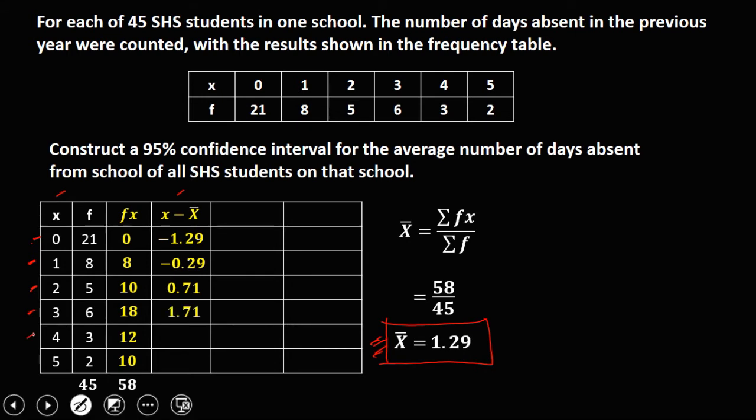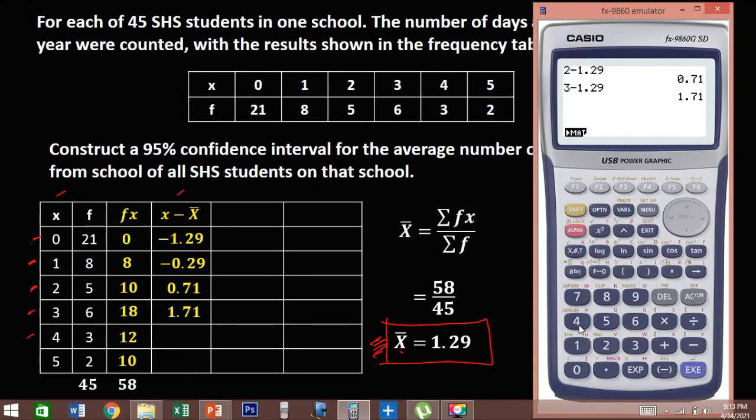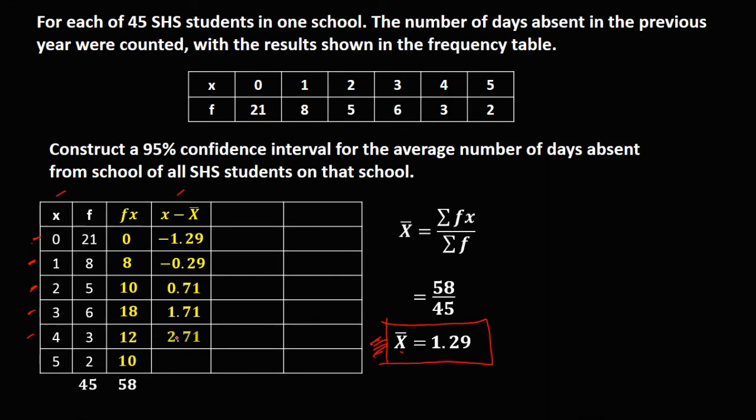Then 4 minus the mean, 4 minus 1.29, that's 2.71. Then this 5 minus the mean, that's 3.71. Then we have the square of this column. So just take the square of these numbers.